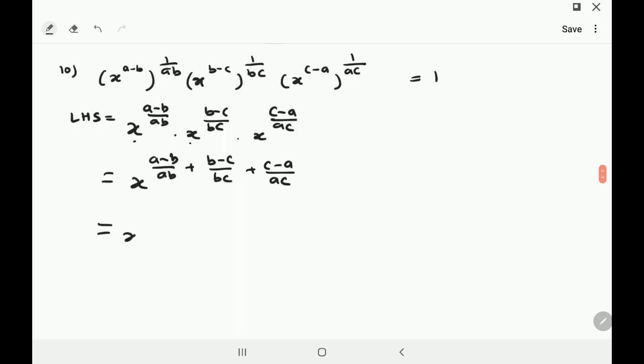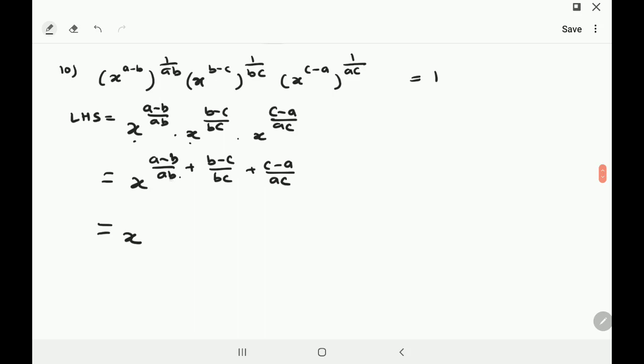Now this is x raised to... Now to add the fractions here, I need the denominator to be the same, right? And that's why we go for cross multiplication or the LCM method. Fine. So what is the common denominator I can have here?